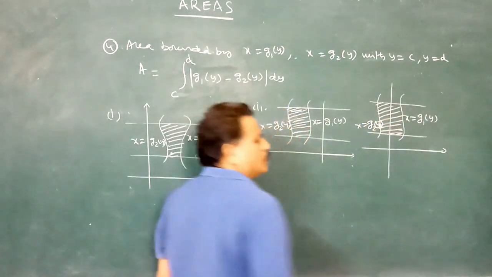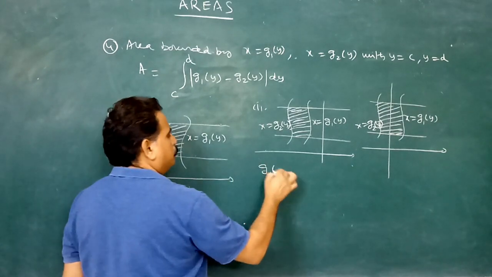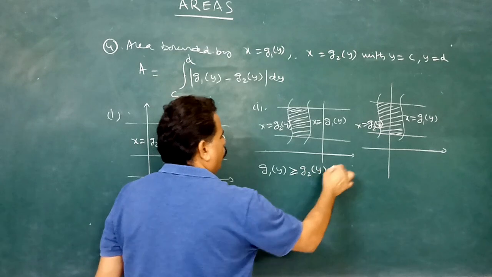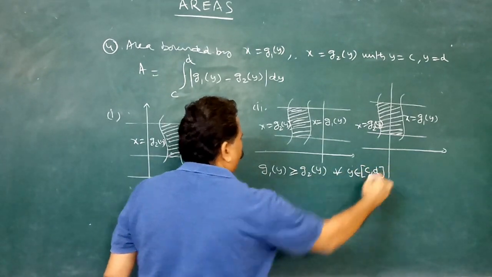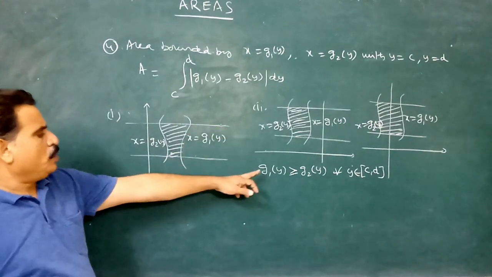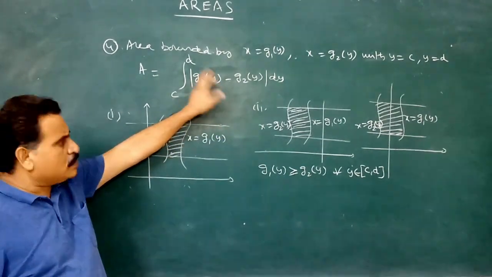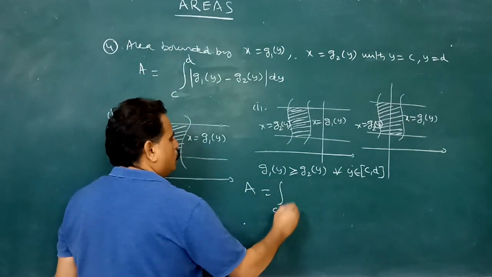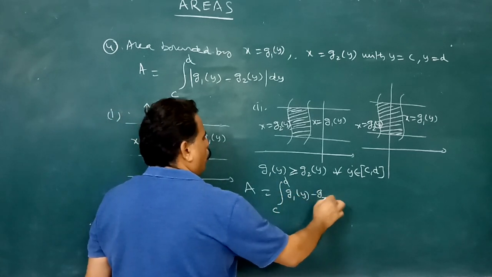In all the cases, g1(y) is dominating. That means g1(y) is always greater than or equal to g2(y) for every y belonging to c to d. So g1(y) minus g2(y) is positive by the definition of modulus. In these three cases, the area is integral from c to d of g1(y) minus g2(y) dy.